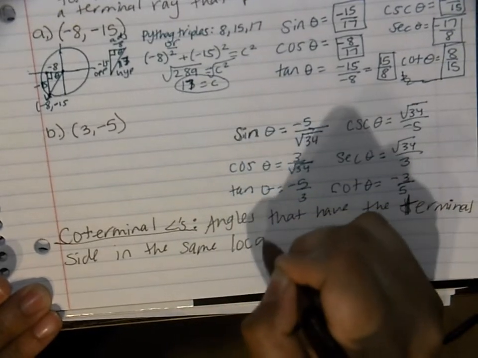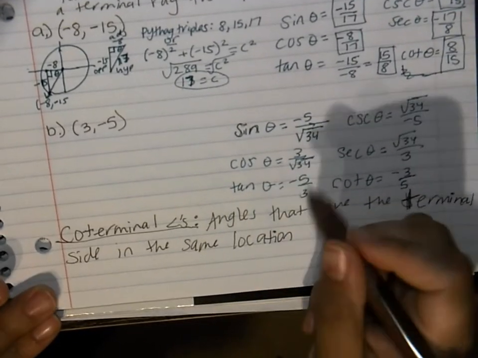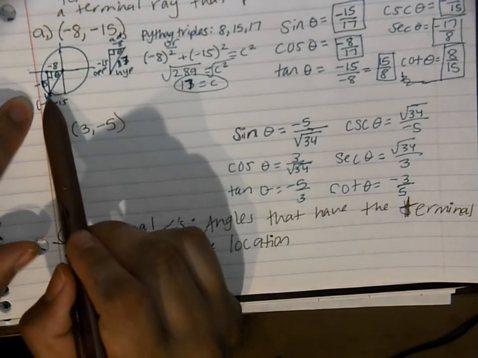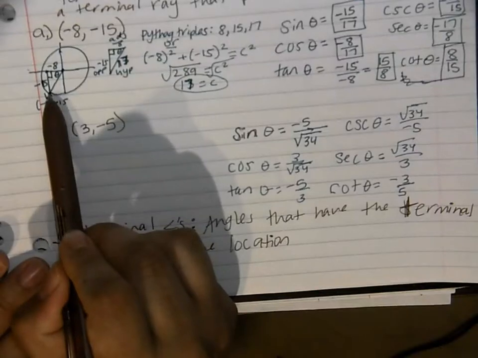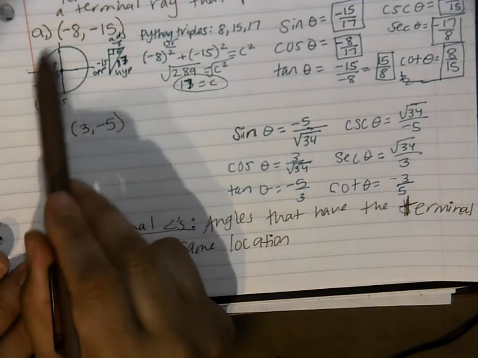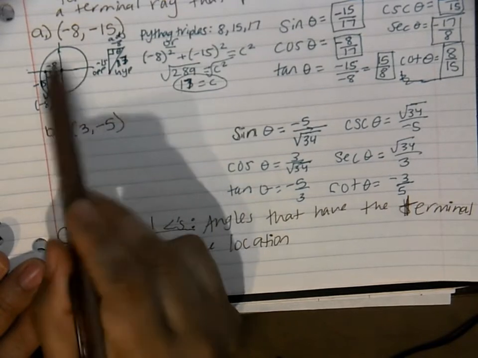So if we think about this, say you have a unit circle. I'll show you this one, for example. If I have a unit circle like this where I have this point here, it might give me the angle measure for how many degrees this is, or how many radians this is.